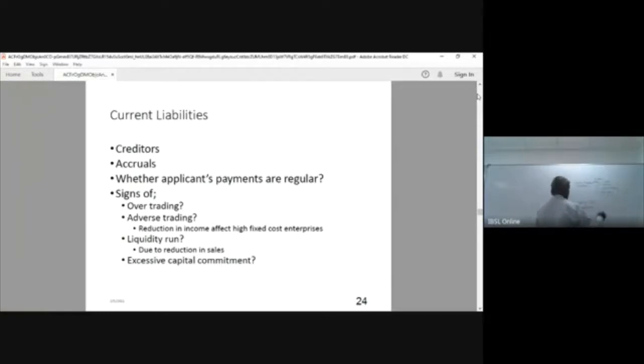So working capital means raw material, work in process, finished good, debtors or credit sales, maybe some advance payments.